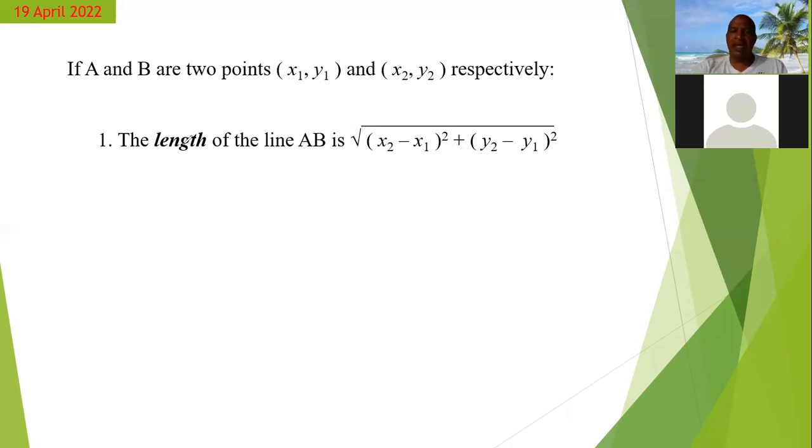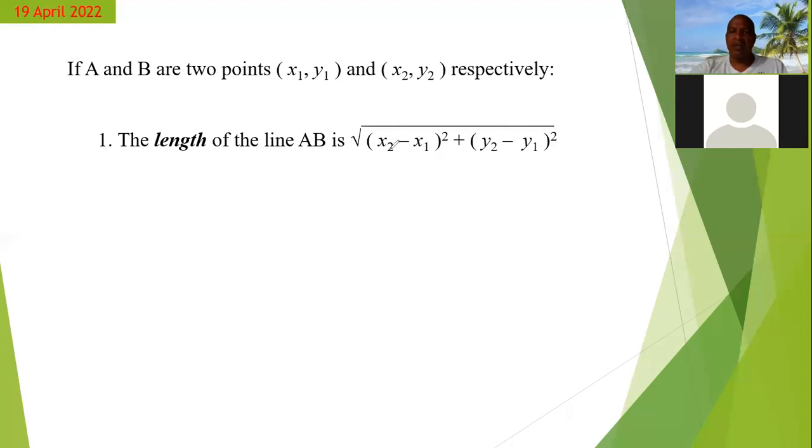It is saying that the length of the line AB, that means if you connect these 2 points, A and B, with a straight line, then you can use the coordinates of the points in this formula, and then you can find the length of the line.